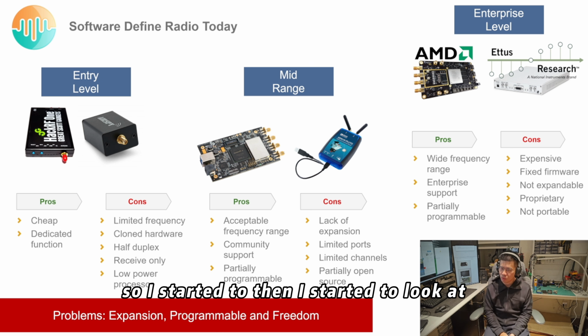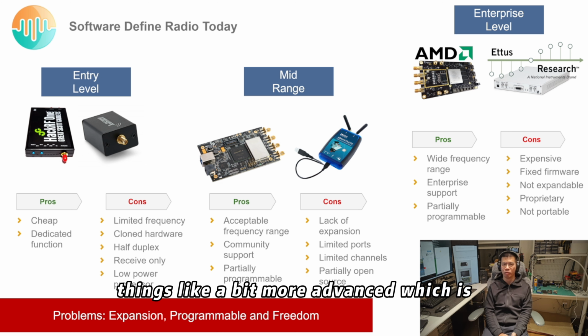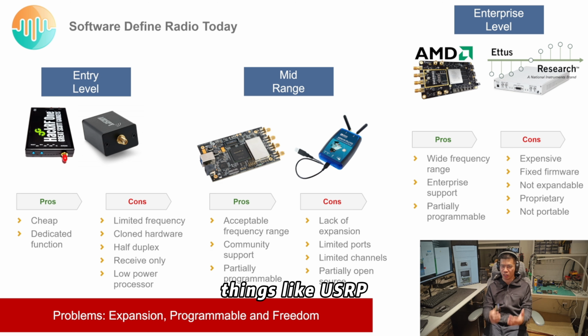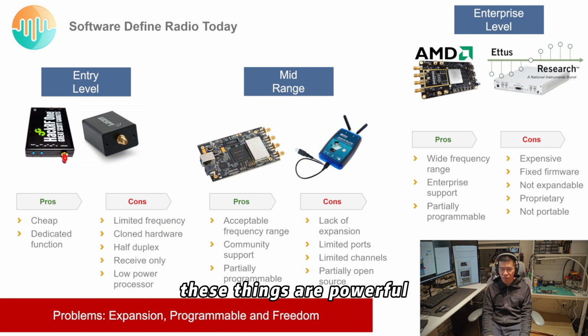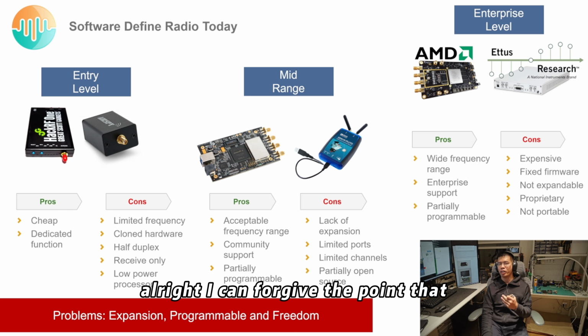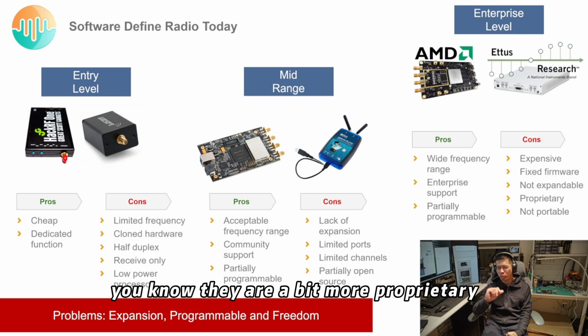So I started to look at something a bit more advanced, things like USRP or Raptor from AMD. These things are good. These things are powerful. I can forgive that they are a bit more proprietary.